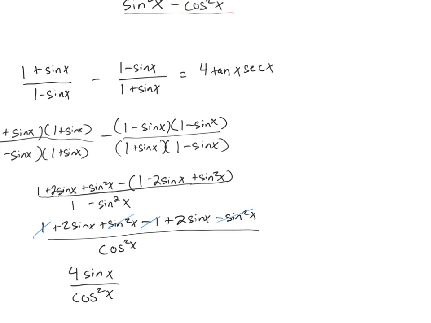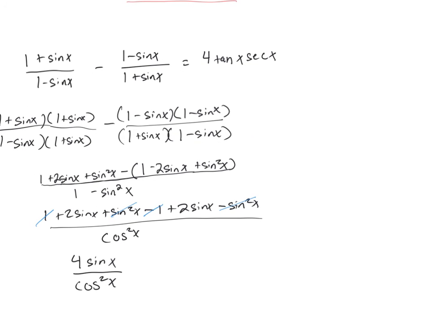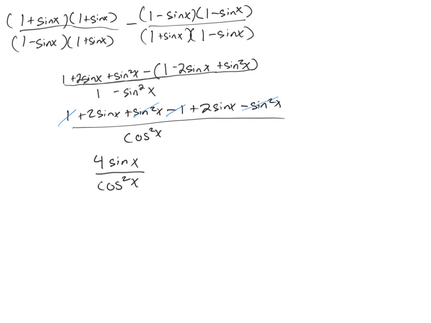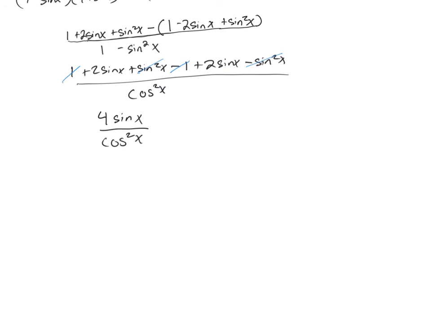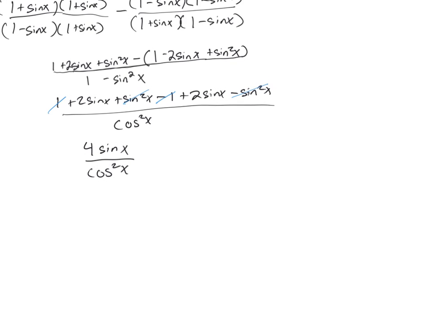I want my answer to match tangent and secant. Well, let's think about this. Sine of x, isn't that my inverse? Well, it's cosecant. But cosine, I can split this up into a cosine of x times a cosine of x.